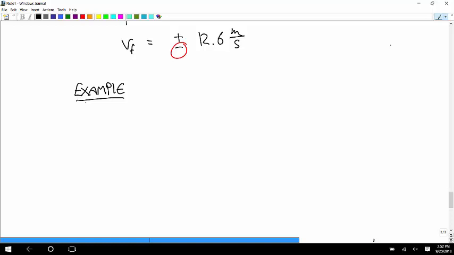Okay, so this time, let's say you have this big pole and a ball launcher on the end of the pole. I don't know why. And you launch a ball down towards the ground from a height of 10 meters.